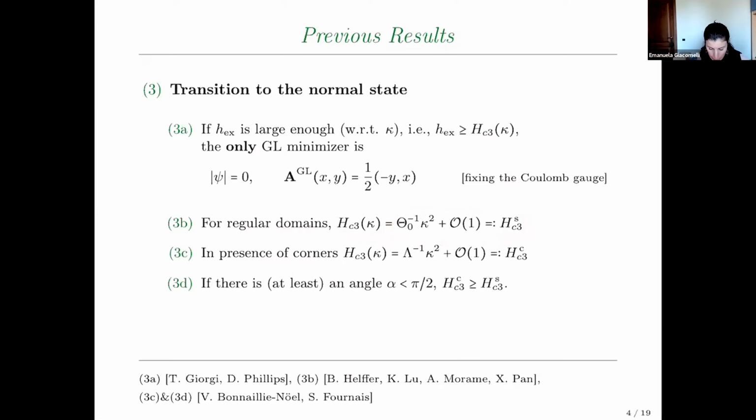I don't want to comment a lot more about this, but let me just say that this theta zero is nothing else than a spectral parameter, which is strictly related to the spectral parameters denoted by lambda, which appear at the leading order of the third critical field in the case in which there are corners along the boundary of your domain omega. So here you start to see the difference made by adding corners along the boundary of omega.